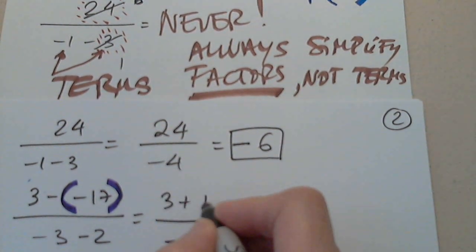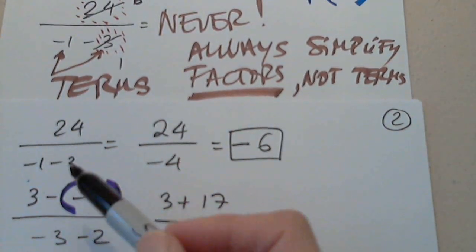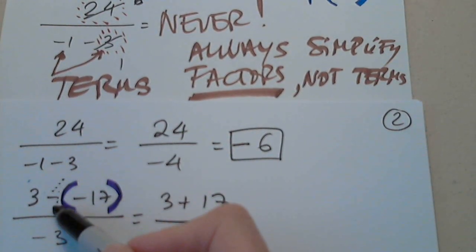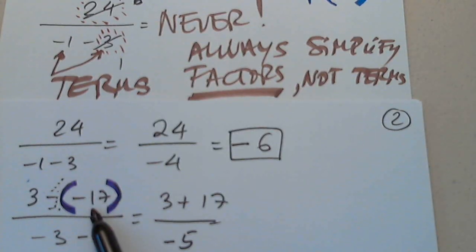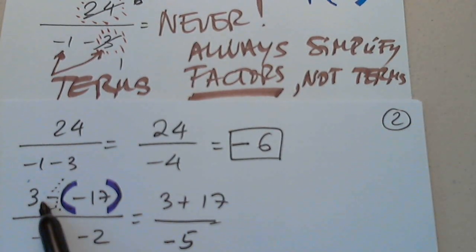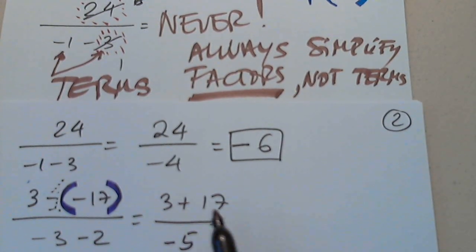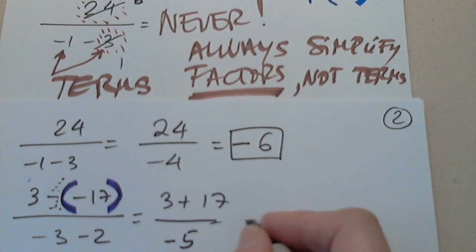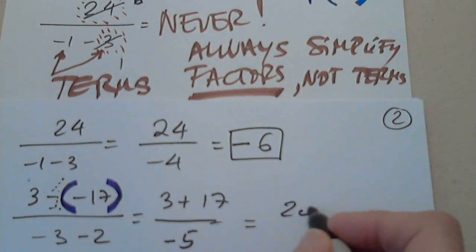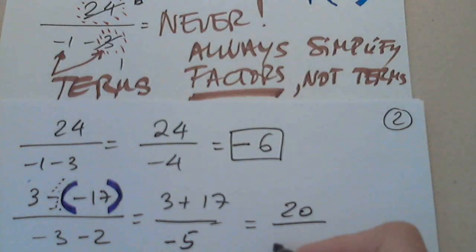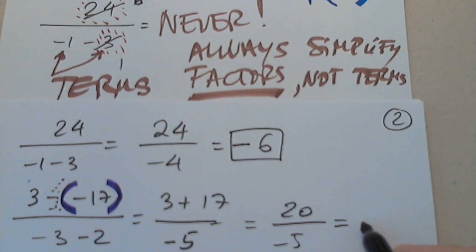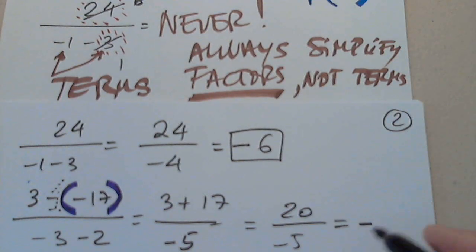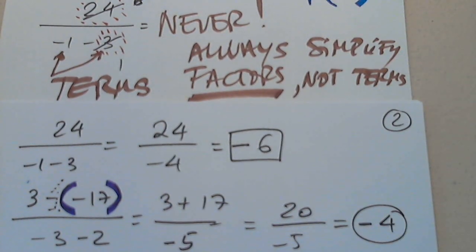Yes. So again, remember there is an imaginary negative 1. So negative 1 times negative 17, or you say the opposite of negative 17 and you still get the same thing. Now we perform the operation in the numerator. Always take care of the sign first. And now divide 20 by 5, which is 4. Always take care of the sign first.